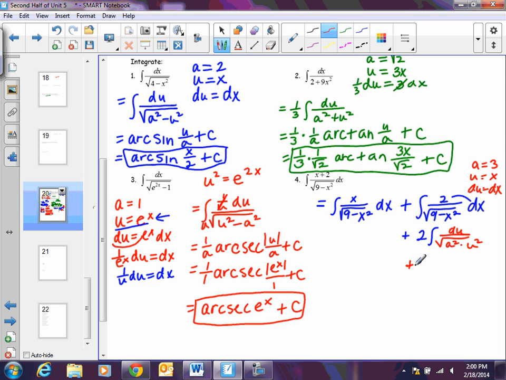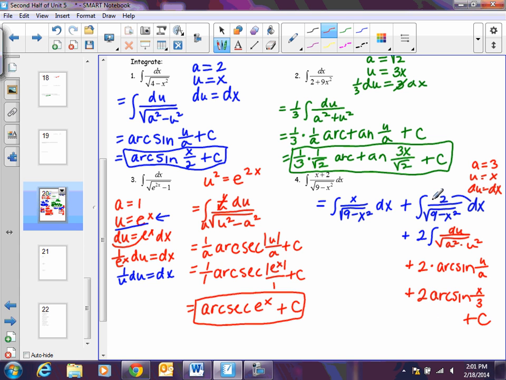This makes this plus 2 times arcsine u over a, which is the same as saying 2 arcsine u, which is x, over a, which is 3. And I'll just put the plus c down there. I ran out of room. Okay, so that's that piece.